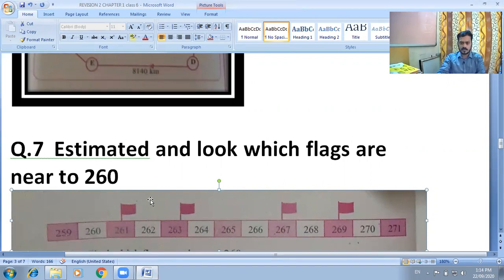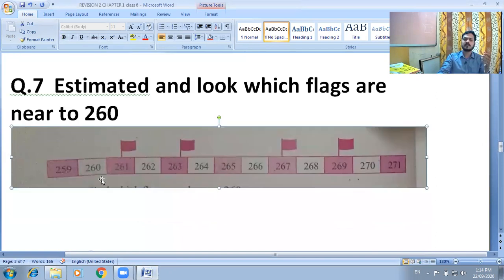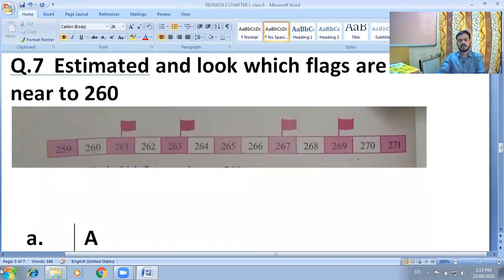259, 260, 261, 262, and so on up to 271. But estimate first, then you can decide which flag is near to 260. That is not exactly 260, but near 260. Again, there is no option for this question.